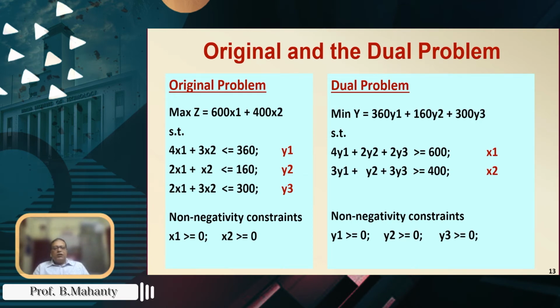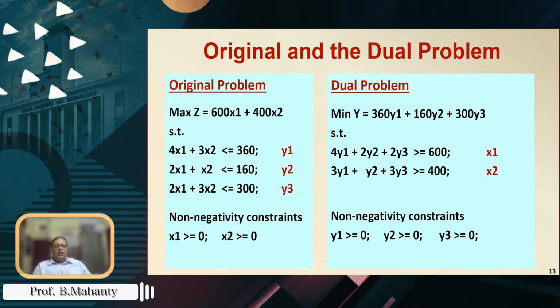Since this is our original problem, we are taking its dual. In the dual problem, the objective function is minimization. So what should be the objective function of the dual of the dual? It should be one of maximization.